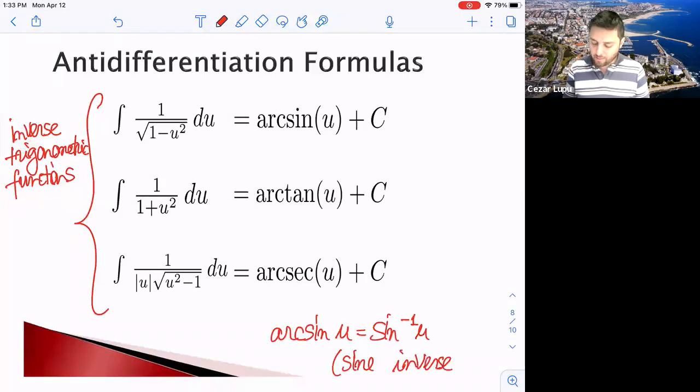So keep that in mind. The same goes for arctan and arcsecant. So arctangent is the inverse of the tangent, and arcsecant is the inverse of the secant. All right, great.